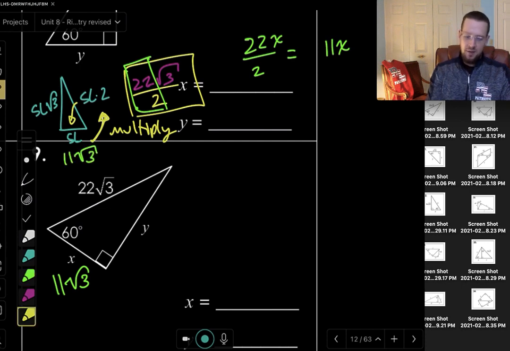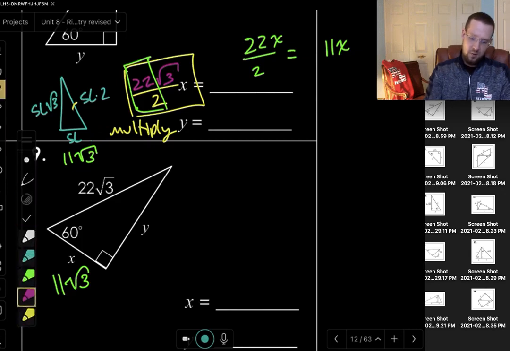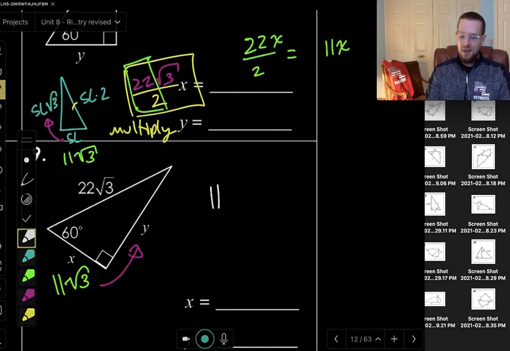Okay, so now I'm thinking to myself, how do I get from my reference triangle, from the short leg to the long leg? Well, normally we're multiplying by the square root of 3. And so for us to get over here, we're going to have to do the same thing. And again, this is not ideal. It doesn't look good, right? This looks pretty messy.